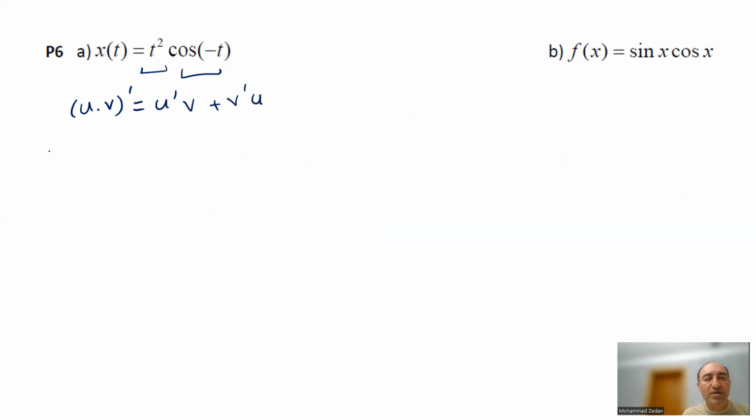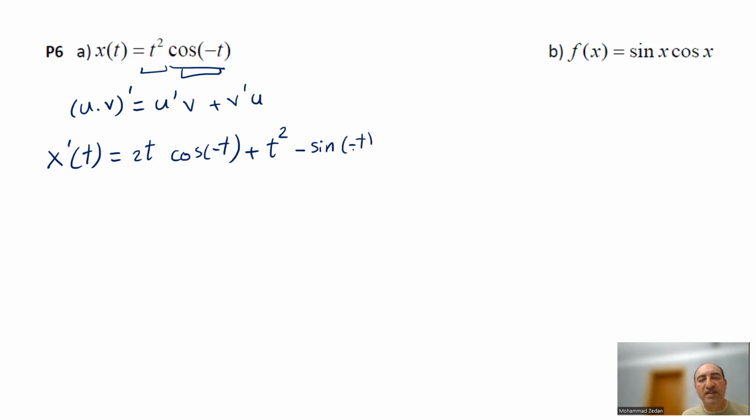So x prime of t, or dx by dt, is equal to derive t squared, 2t, times cosine negative t, plus keep t squared this time and derive the other one, cosine negative t, which is negative sine negative t times the derivative of negative t, which is negative, so it's positive here. So the answer is 2t cosine negative t plus t squared sine negative t. This is the final answer.